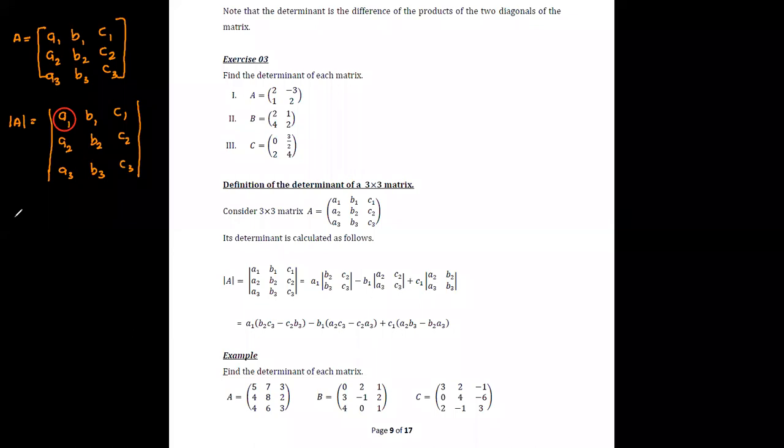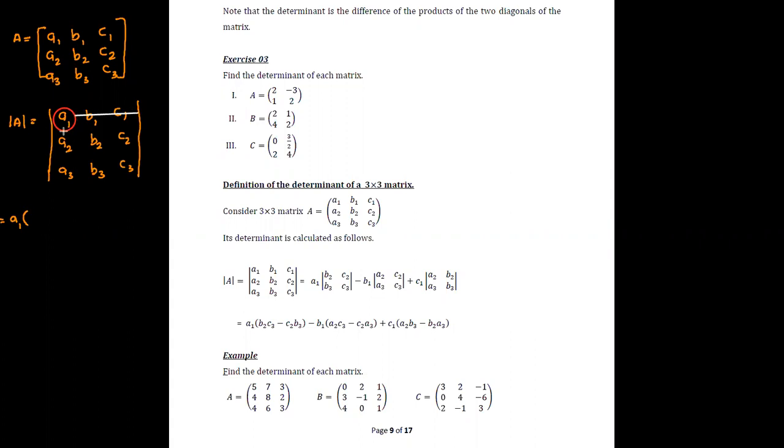We have identified the value of the first row, first column. The value is equal to A1. Since this is the value associated with the first row and first column, now cut off the rows and columns associated with that value.